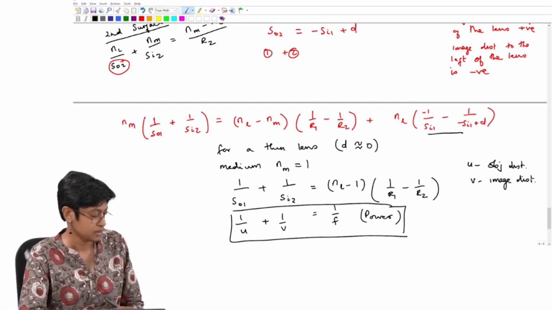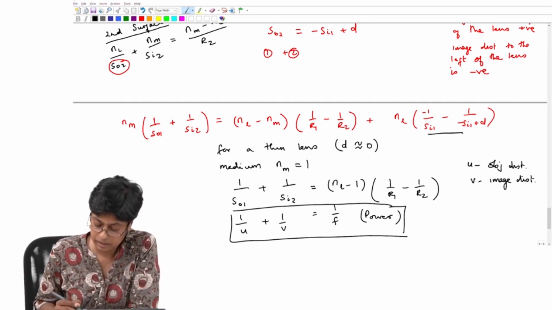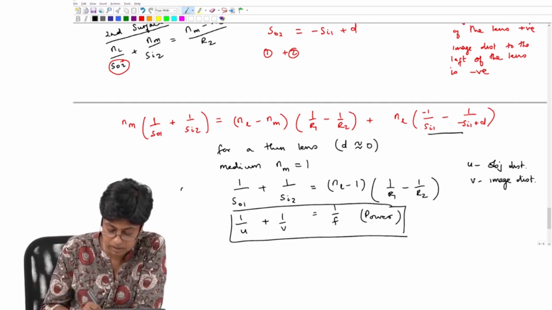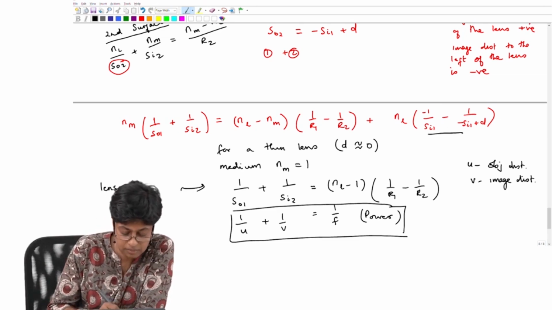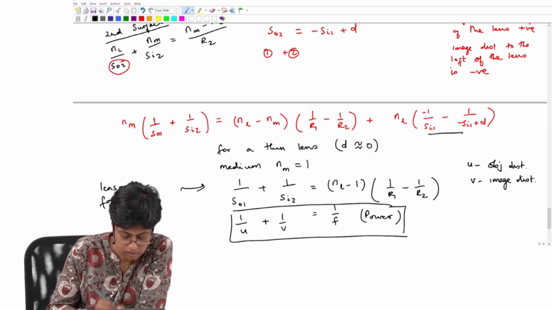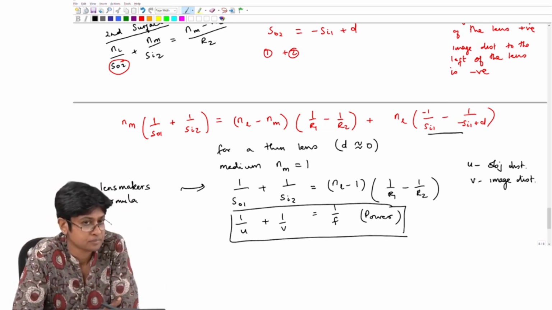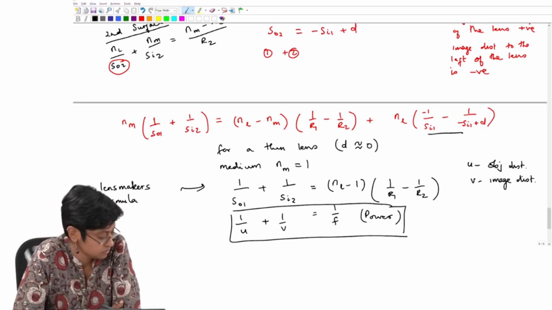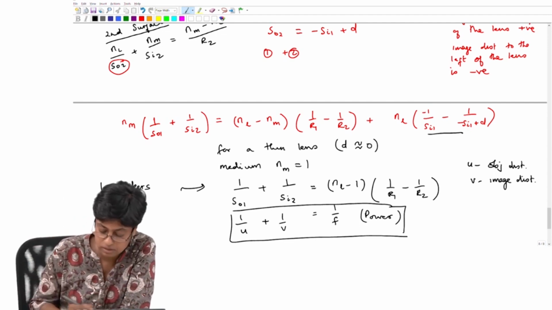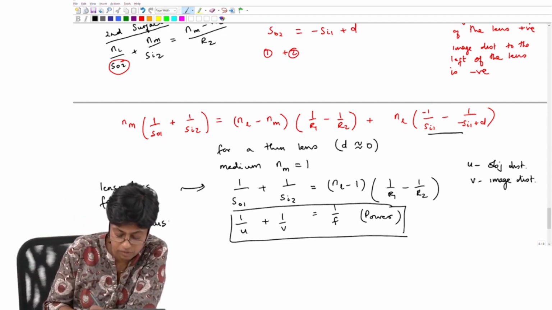If you write this in terms of u and v, it's also called the lens maker's formula. Sometimes this is called the Gaussian lens formula.